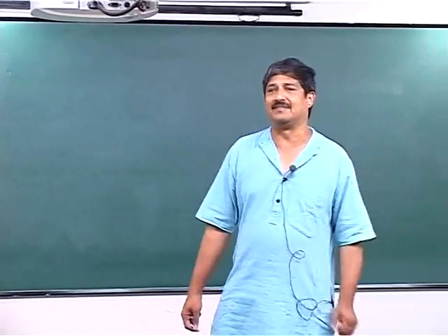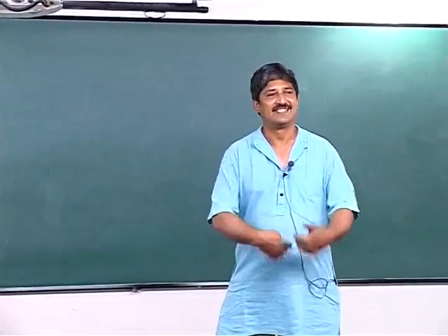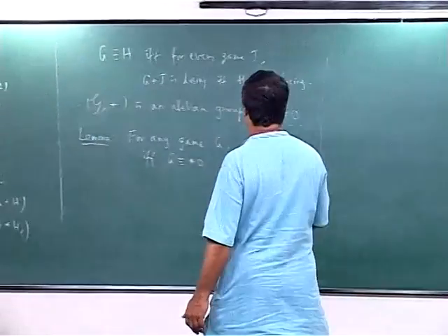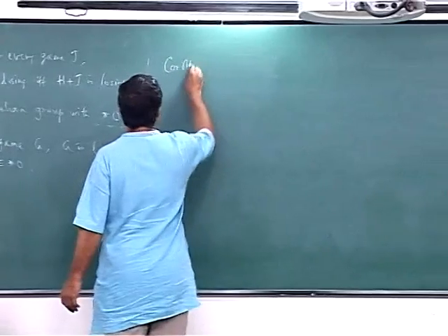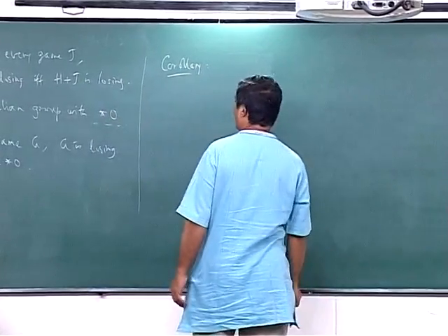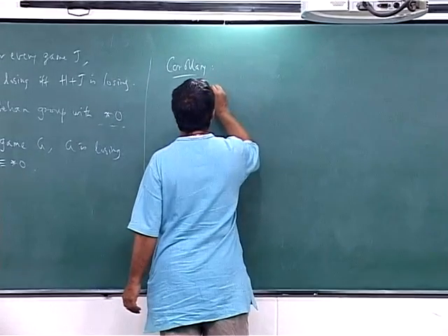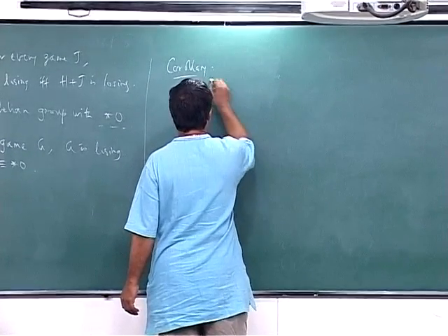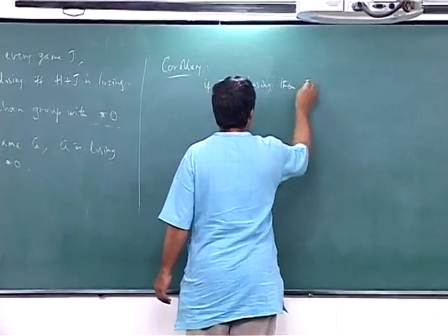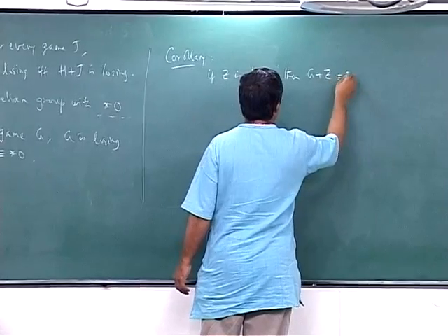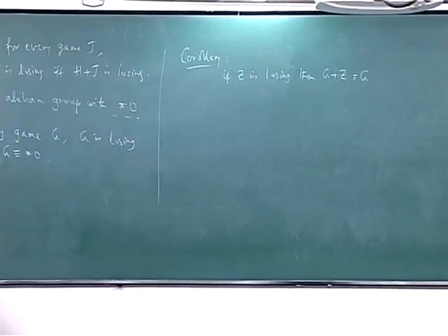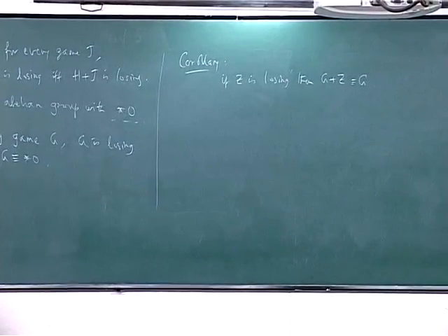So, as I said, once you have this, a whole lot of things can be proved immediately. For instance, you can see one corollary: if Z is losing, then you can always add a losing game without disturbing the winning or losing condition of the game.